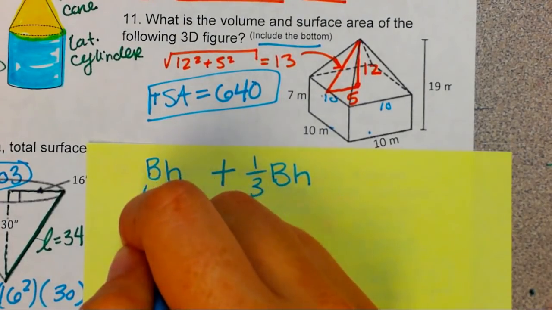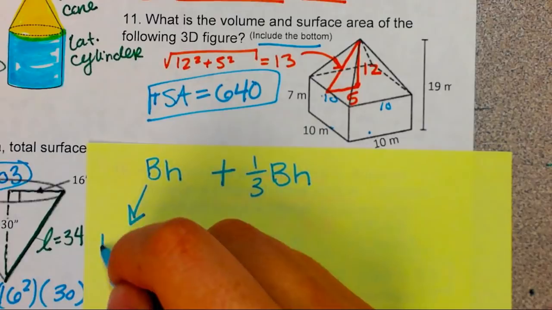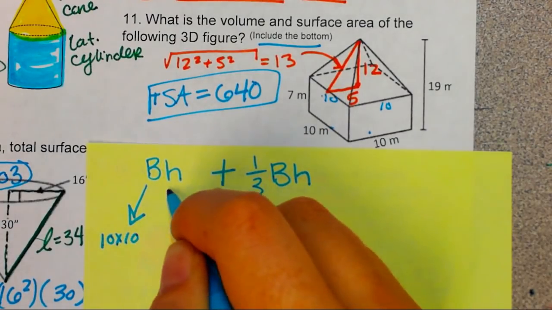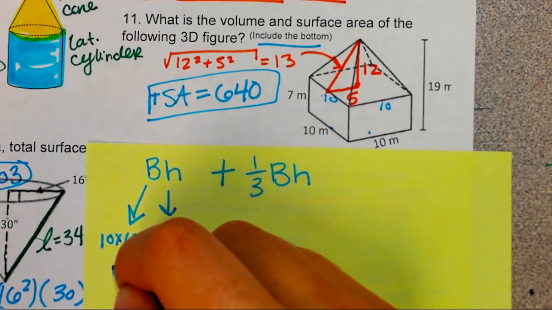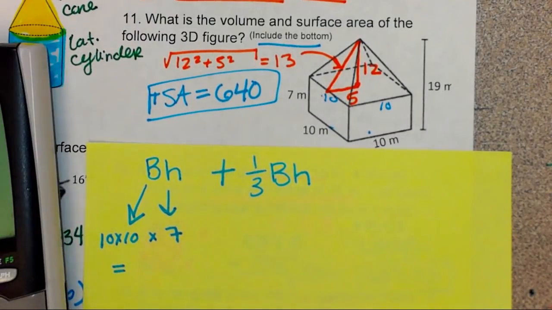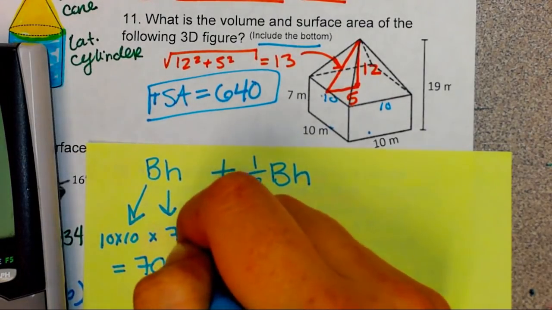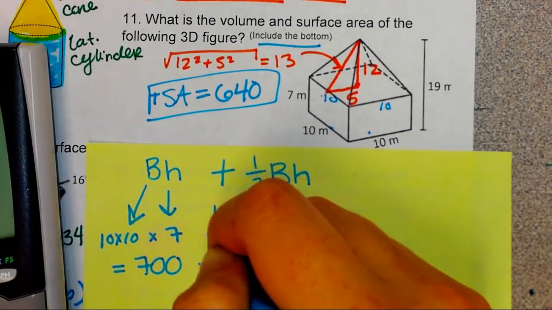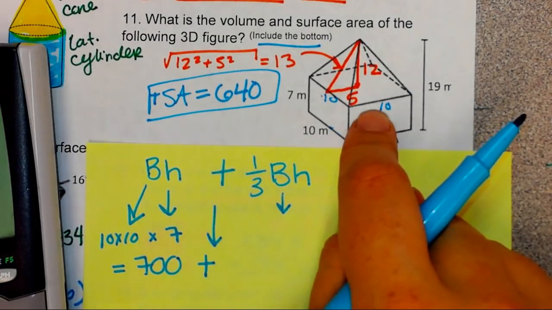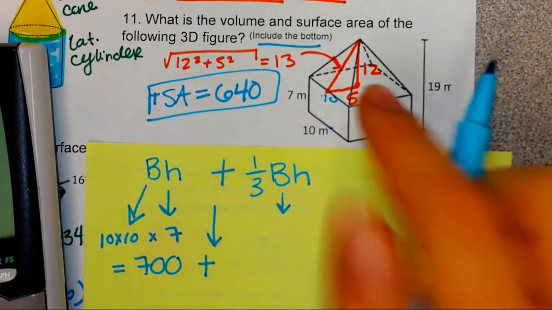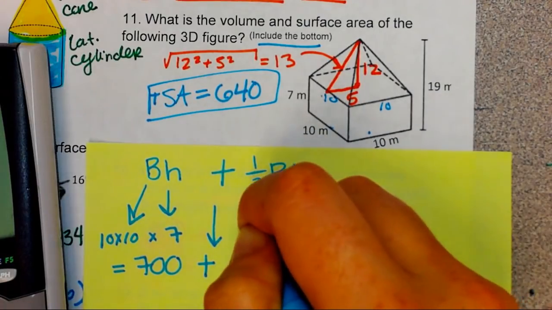All right, so area of the base for the prism, we talked about that, would be 10 times 10. The height for the prism would be 7. So 10 times 10 times 7 is 700. Area of the base for the pyramid would be the same, because it has the same base, so that would be 100, 10 times 10.